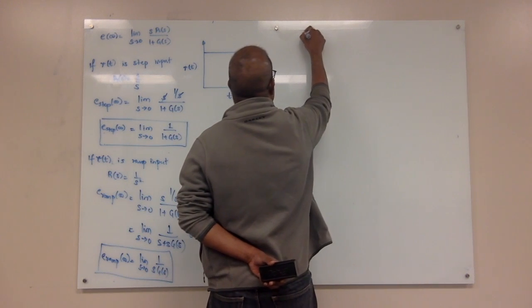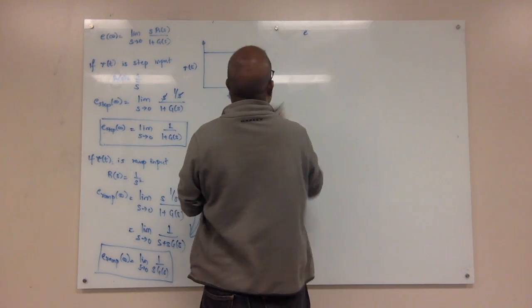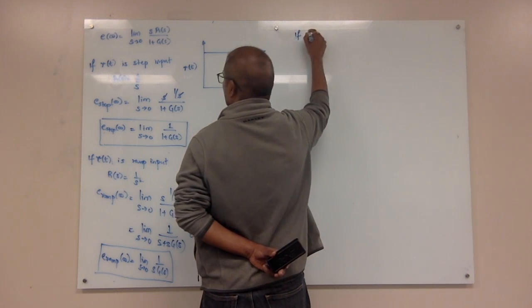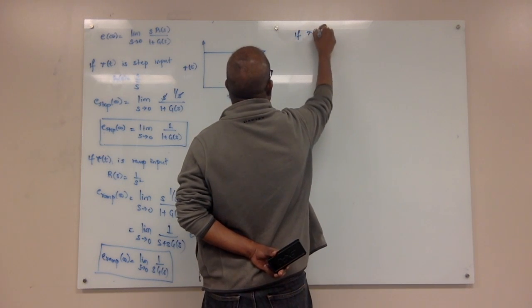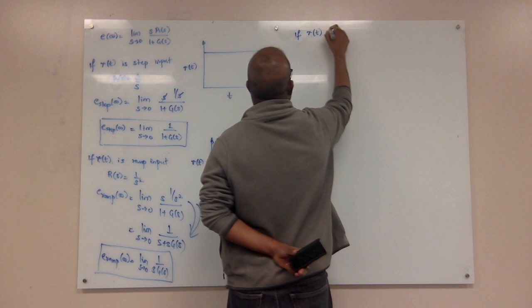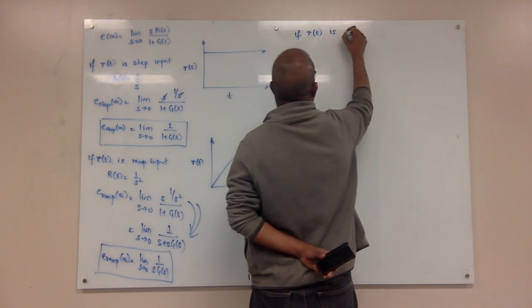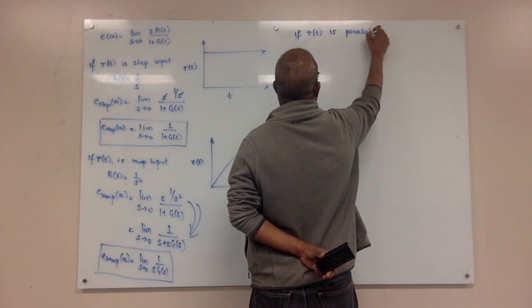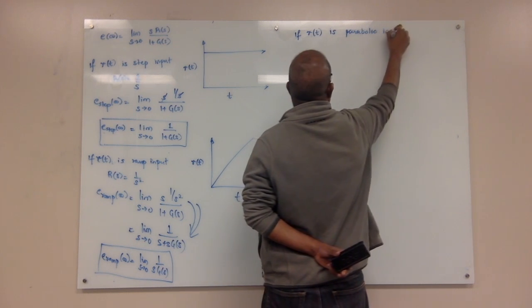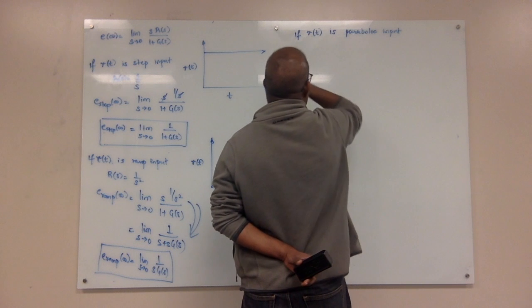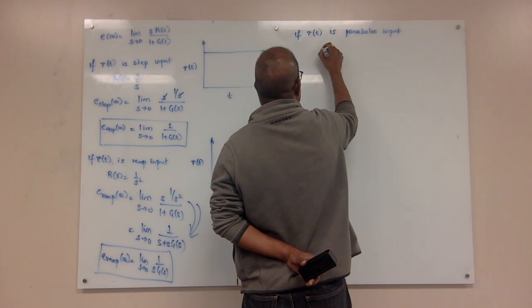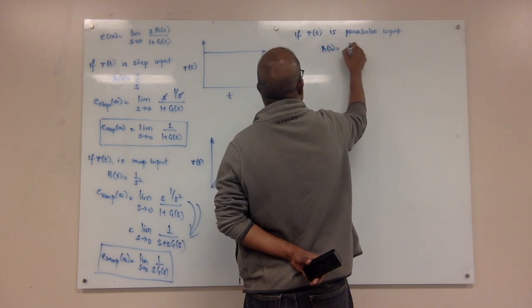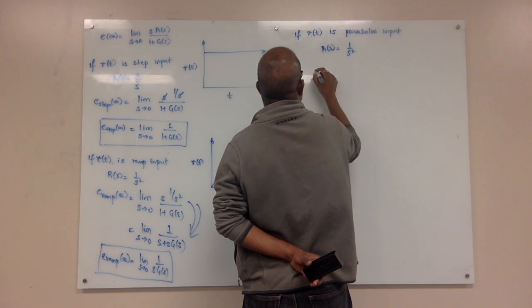So E of infinity next, if R of t is a parabolic input, then R of s is 1 over s cubed. Okay.